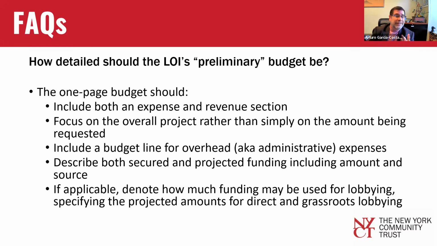So anywhere from between 10 and 20%, we're not really going to bat an eye at an administrative overhead line that is in that range. And for more virtual organizations, it can be less than that. And finally, for very large institutions like universities or hospitals, we have put a cap of administrative overhead at 5% because they have really high indirect costs from all the work with the federal government over the decades.